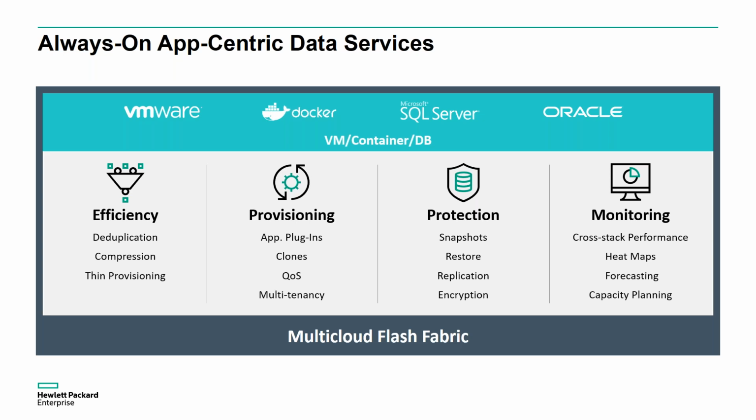So we can do application-specific data services for things such as deduplication and compression. We run global dedupe and global compression on a primary storage array without any performance overhead. We can do application plugins for VMware and Hyper-V, but also SQL and Exchange and Docker and Oracle, which means that we can now provide instantaneous cloning, quality of service, and secure multi-tenancy.